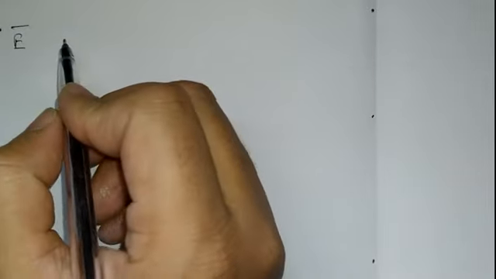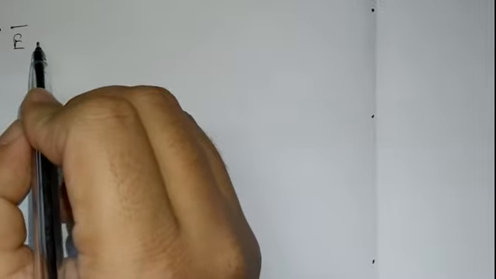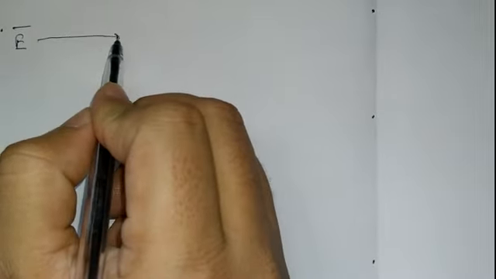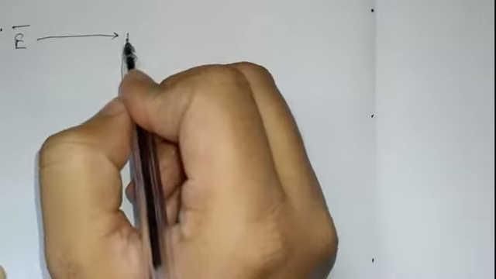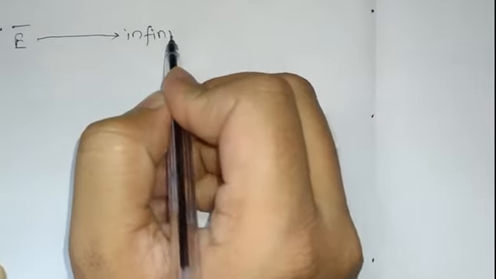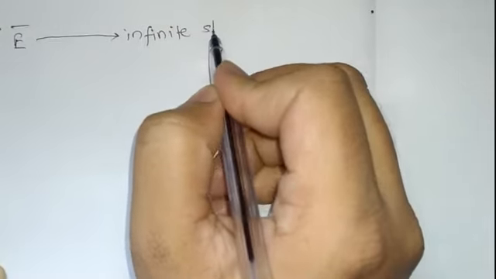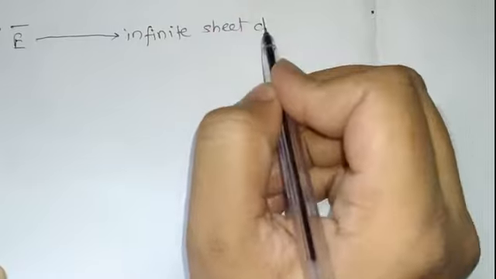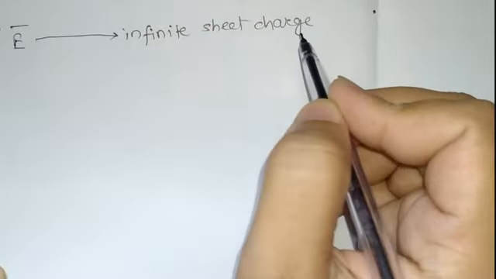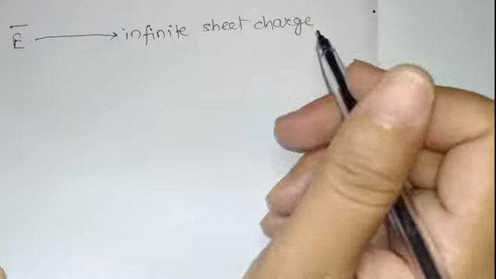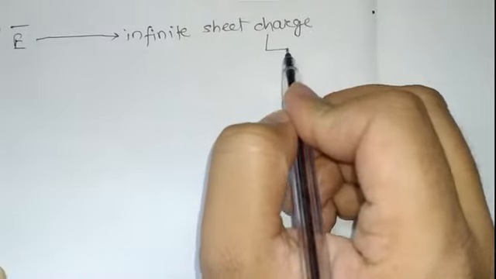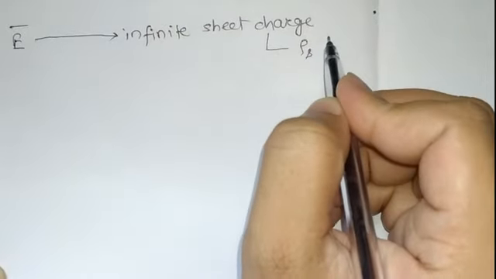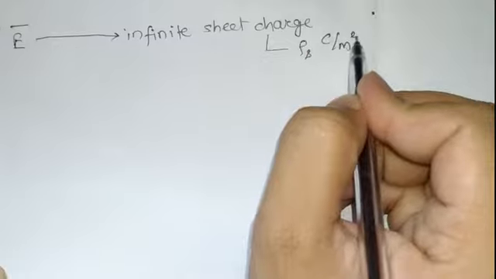But now we are going to calculate the value of E bar, and the given situation is an infinite sheet charge, having the charge density of rho s coulomb per meter square.